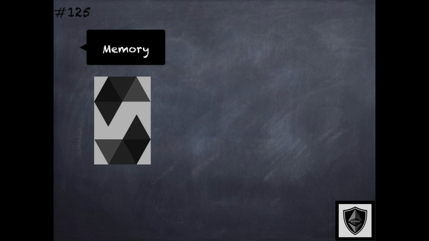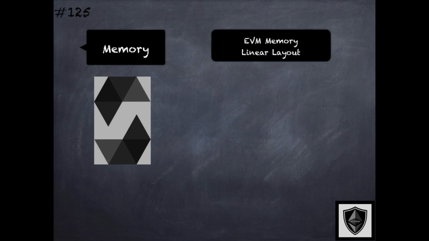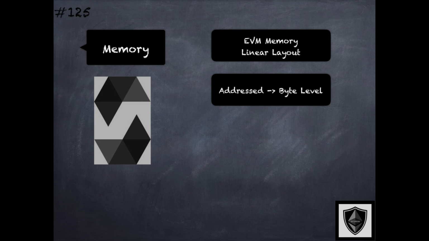Let's now move on to memory and see how some of the Solidity aspects map to the memory of the underlying EVM. To recall, EVM is a stack-based architecture. It has call data, it has the volatile memory, and finally the non-volatile storage. And EVM memory has a linear layout, which means that all the memory locations are stored linearly next to each other.